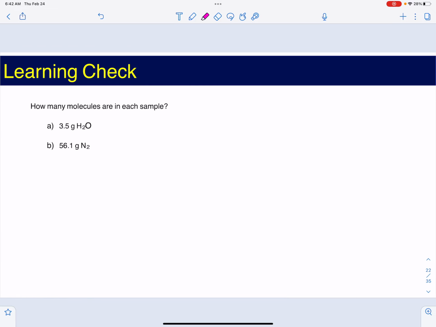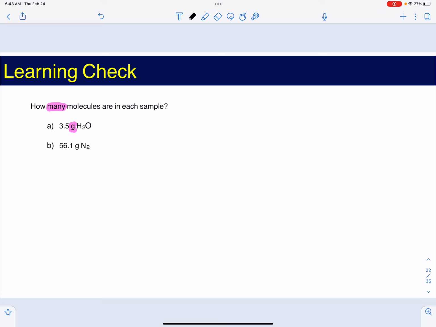Now let's stretch it out a little bit more. Excuse me. What happens if we are given the mass to find the number of molecules? Remember, a mole of elephants equals 6.02 times 10 to the 23rd elephants, right? A mole of atoms equals 6.02 times 10 to the 23rd atoms.